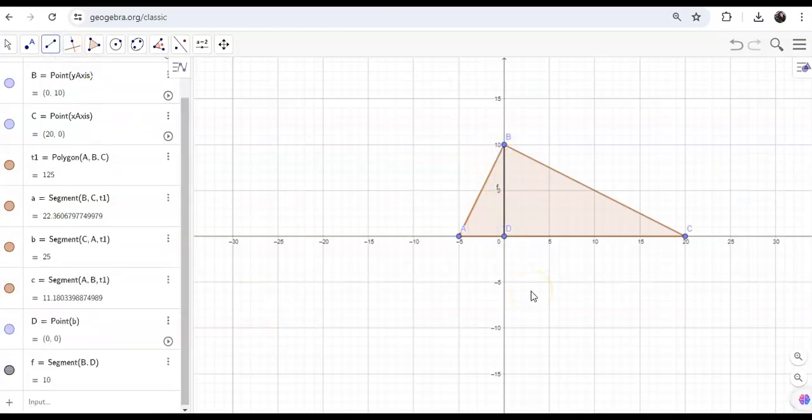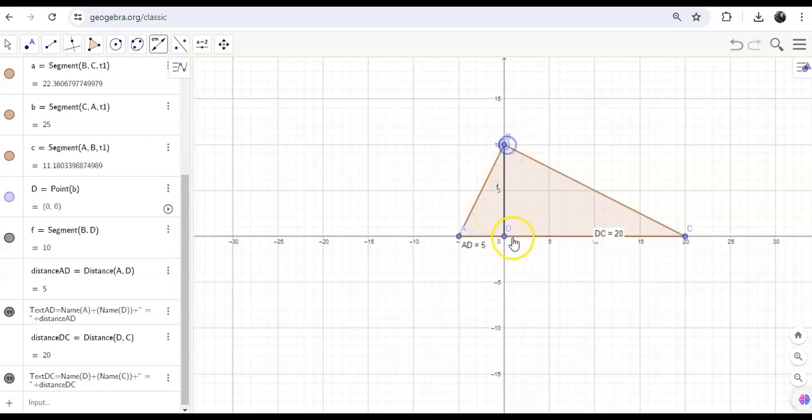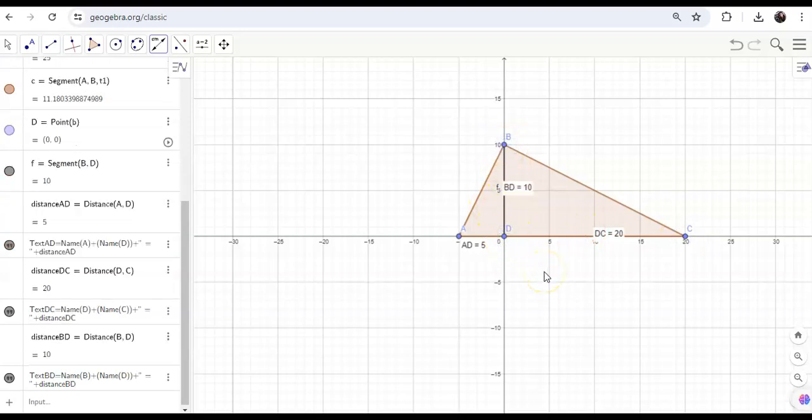The altitude is BD. Now we're going to measure side A. So side A is side AD. And then side B is side DC. And the measurement of the altitude is 10.